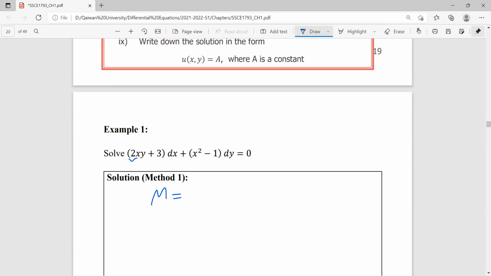M is the coefficient of dx, and the coefficient of dy is n. So m is 2xy plus 3, and n is x squared minus 1. These are m and n.